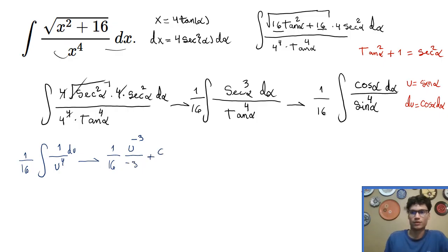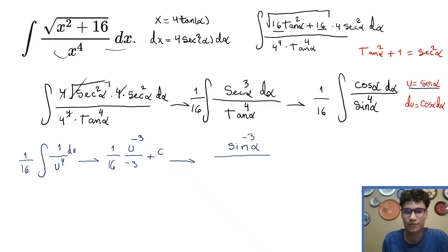So this is our integral. We have to substitute u in our result, and we have sine of alpha to the minus 3 divided by minus 48 plus c is our integral.